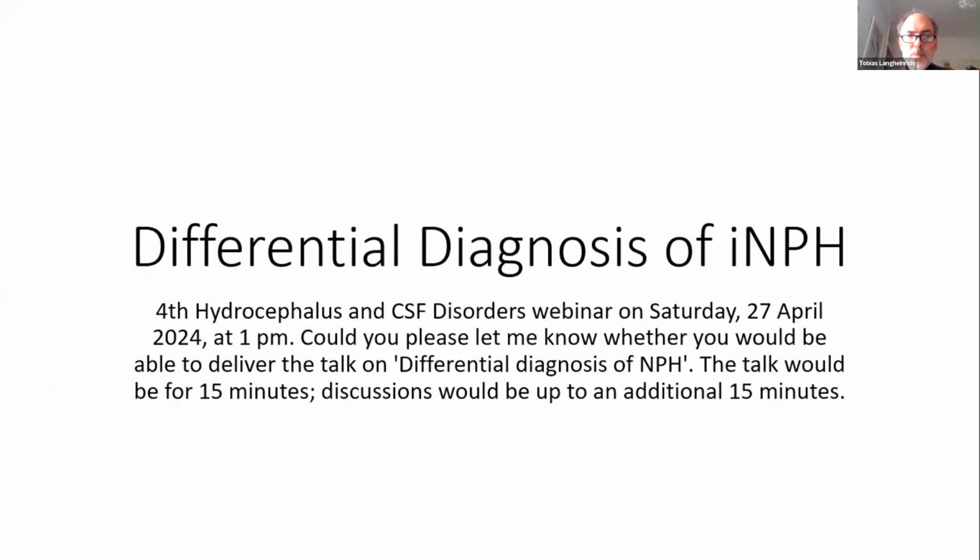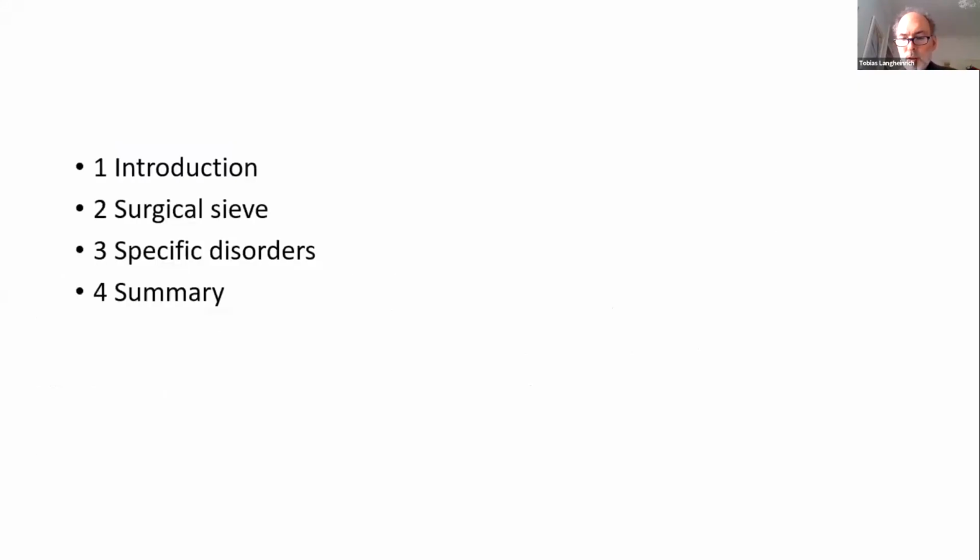So I'll just share my screen. I've got 3 parts to it: an introduction, something in the UK we call surgical sieve, which is an anatomical way of not forgetting potential differential diagnoses, and then perhaps at the end a couple of specific disorders that I want to highlight.